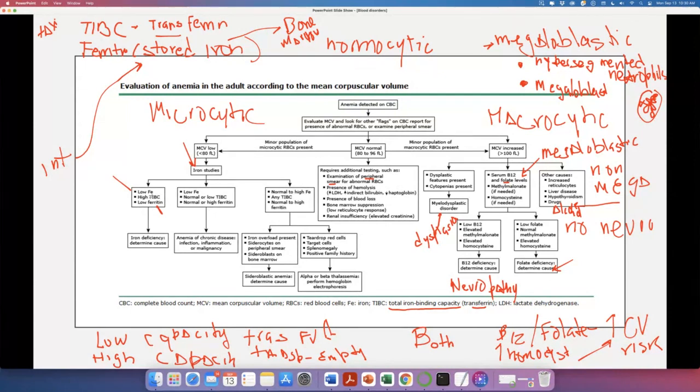There is no iron in the movement, so there is no iron anywhere. That is an iron deficiency anemia. Low serum, low stored, high capacity. There is a taxi that is empty looking for iron. A scavenger protein looking for iron, but doesn't find any. That's why it is empty, high capacity.